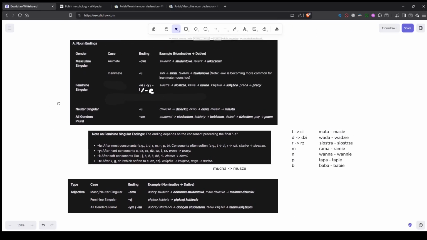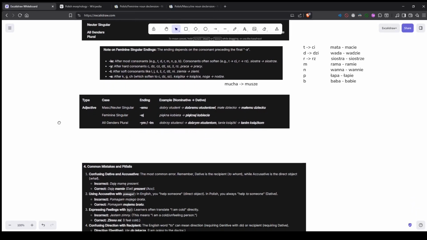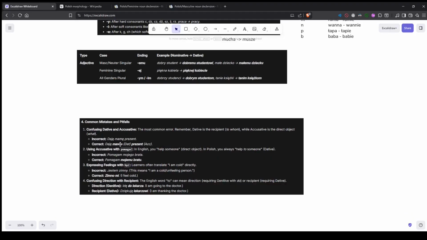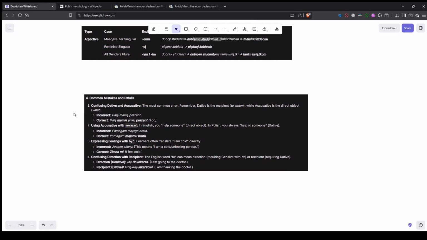When we scroll over here, we have m, and we add -ie at the end. So mama, mamie. Okay, I get it. So this is dative, so we are giving to mother what? A present. Okay, so you can see how you can switch around different words, but just the endings inform us of their role or function in the sentence.